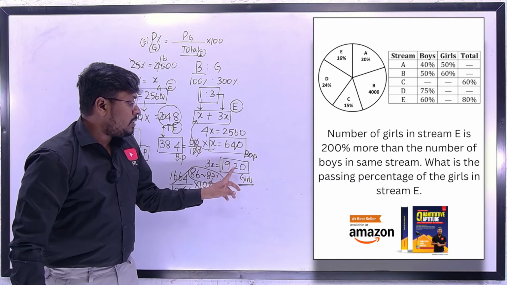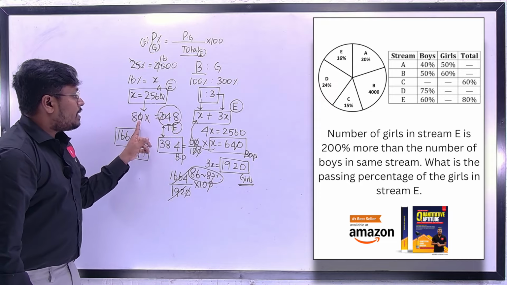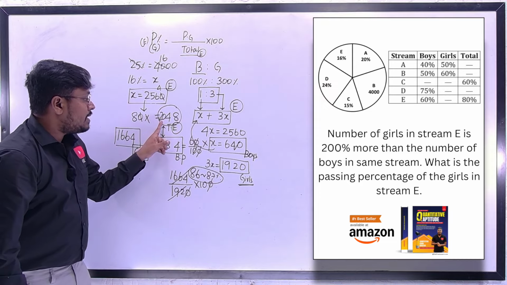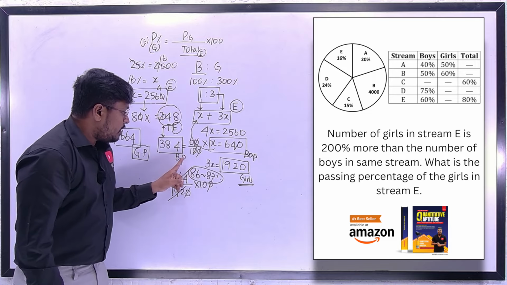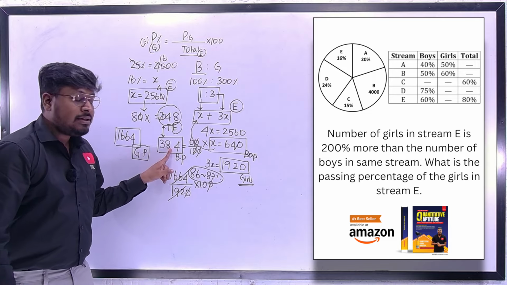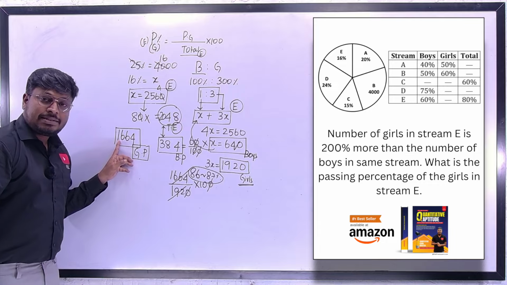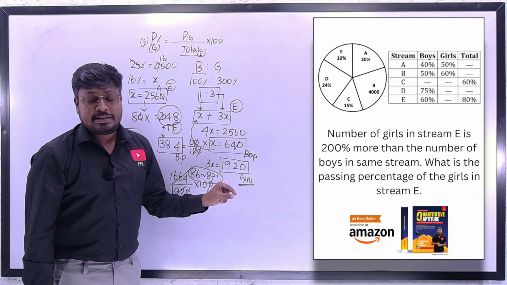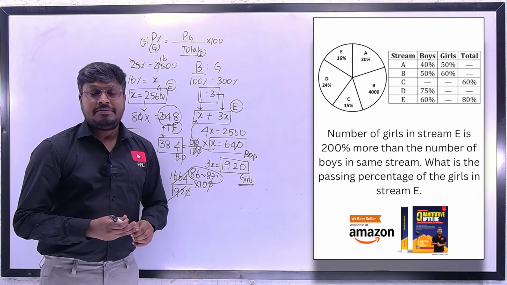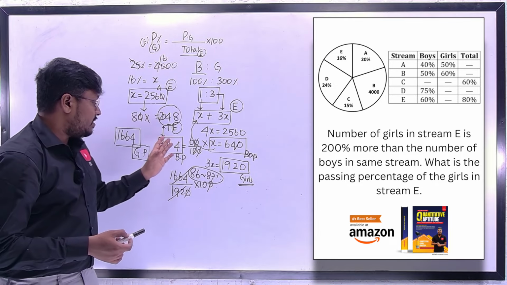So initially we found the total number of girls in the stream, and from the total we found the 80 percentage of students who passed in stream E, and this was the total boys passed in stream E. When you subtract both, the result will be the total girls who passed in that stream, and divided by the total number of girls in that stream into 100, the result will be the pass percentage, which is the answer for this question.